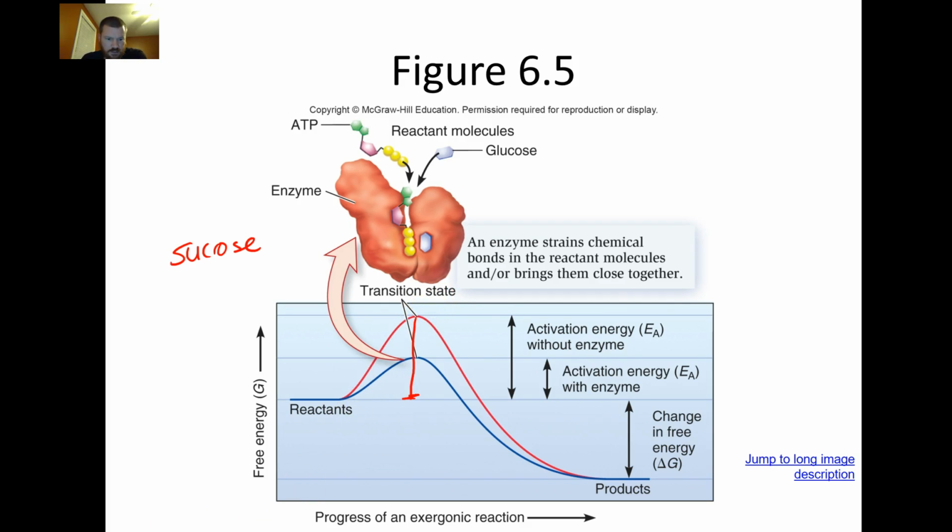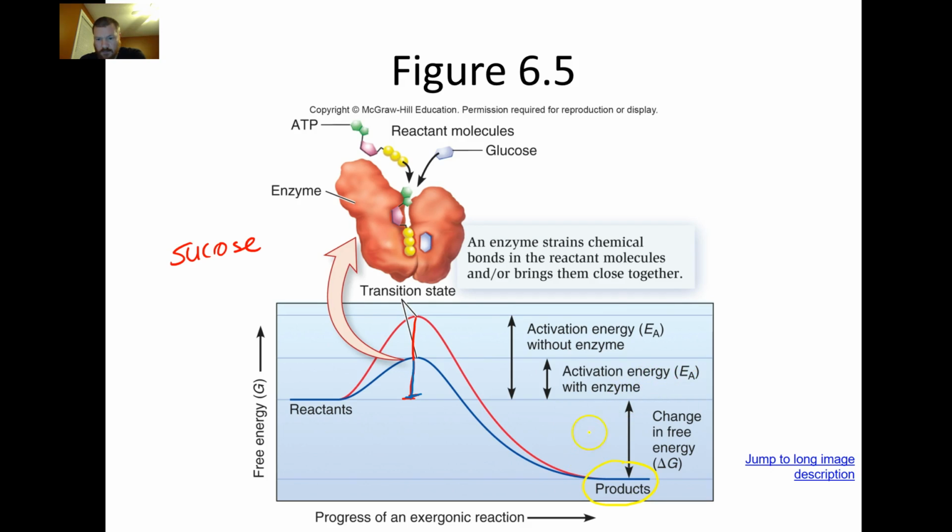If I have an enzyme present, then all I need is this much energy. I need this much energy now. And so it really lowers the amount of energy I have to put into the system. And notice down here, I still have the same products, so nothing has changed as far as the end result.